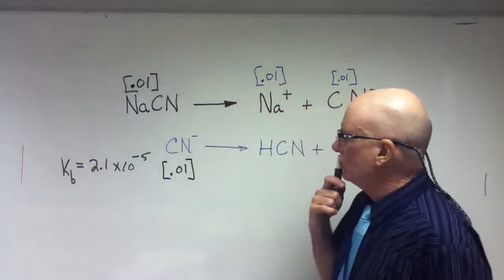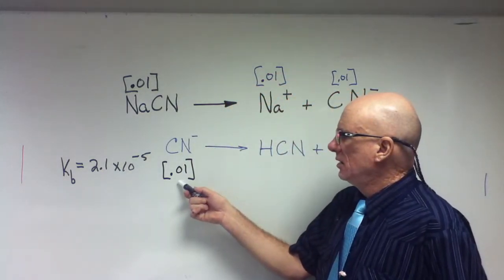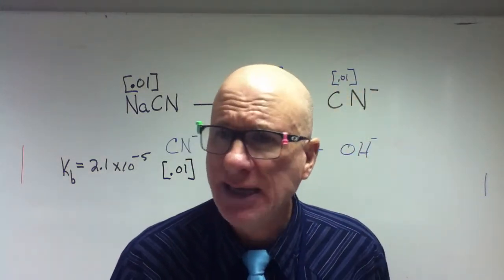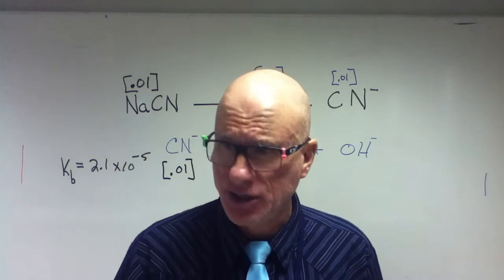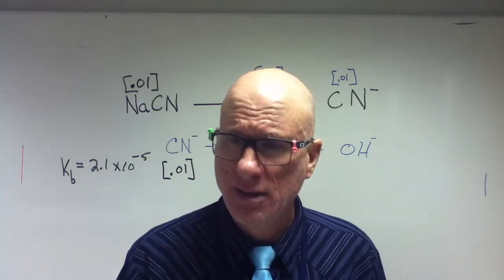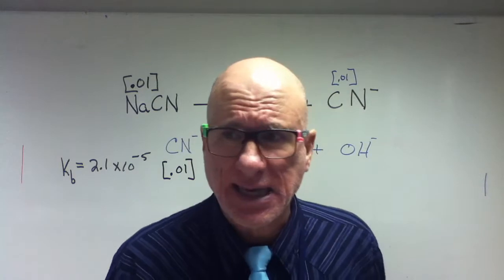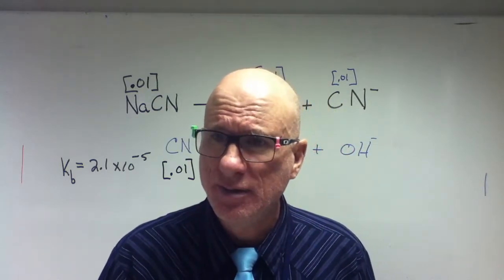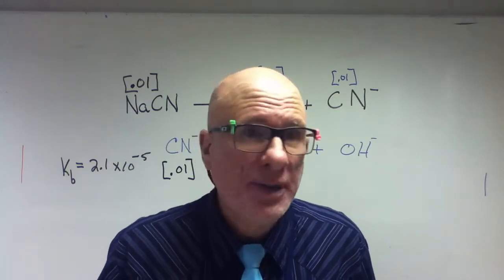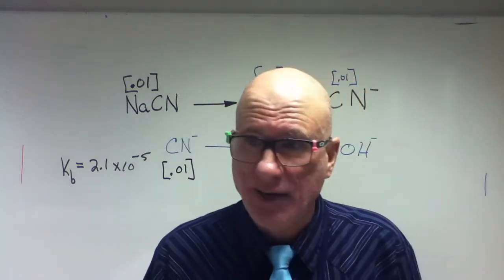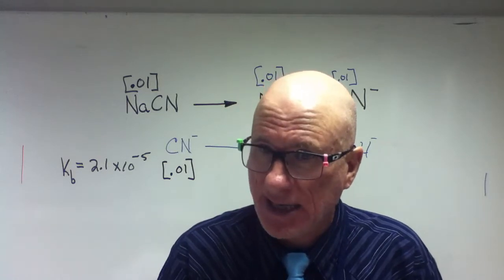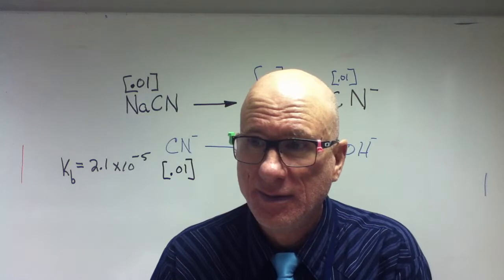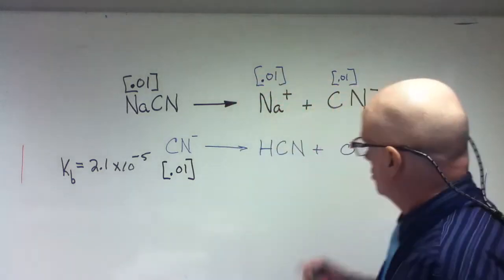So in order to find out the pH, I need to know the hydrogen ion concentration, correct? Yes or no? Yeah. Now, if I know the hydroxide ion concentration, can I determine the hydrogen ion concentration? Yeah, because I can say 1 times 10 to the negative 14 divided by the hydroxide ion concentration equals the hydrogen ion concentration.